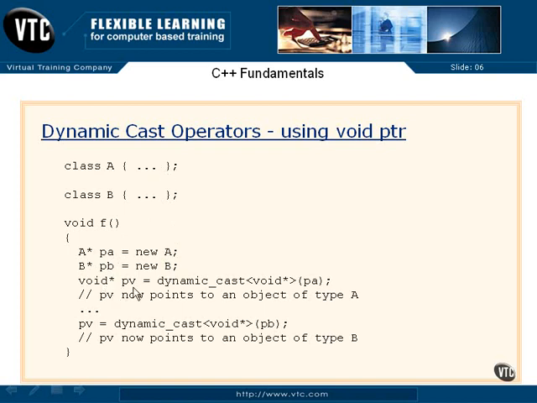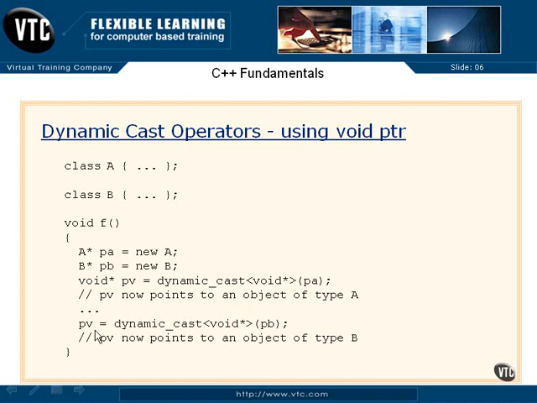Now, here is a void pointer, PV. And PV is going to be equal to the dynamic cast void pointer of PA. That's just fine. Using void pointers is perfectly legal for all this. Now, there will be some runtime checking to make sure that this pointer can accept the conversion of this PA, and we know that it can because it's a void pointer, so that's fine.